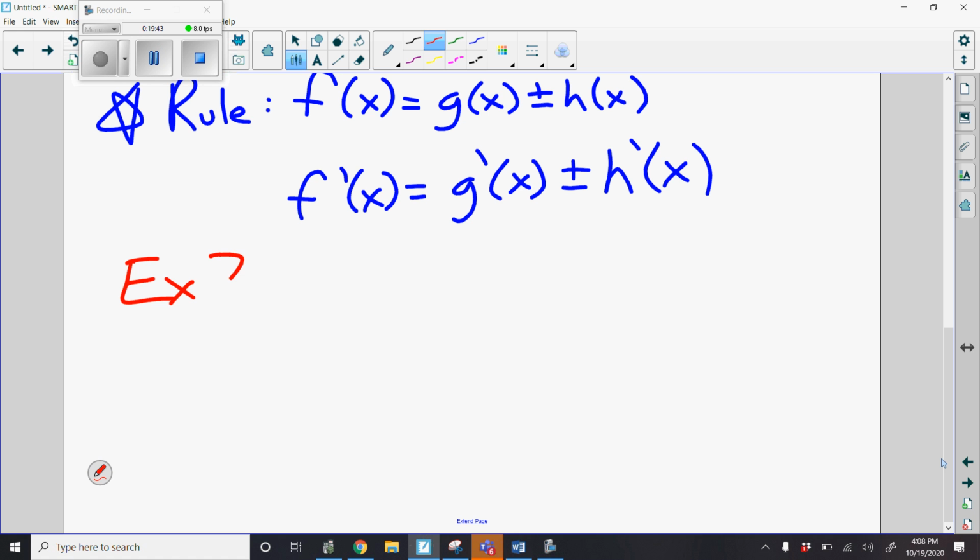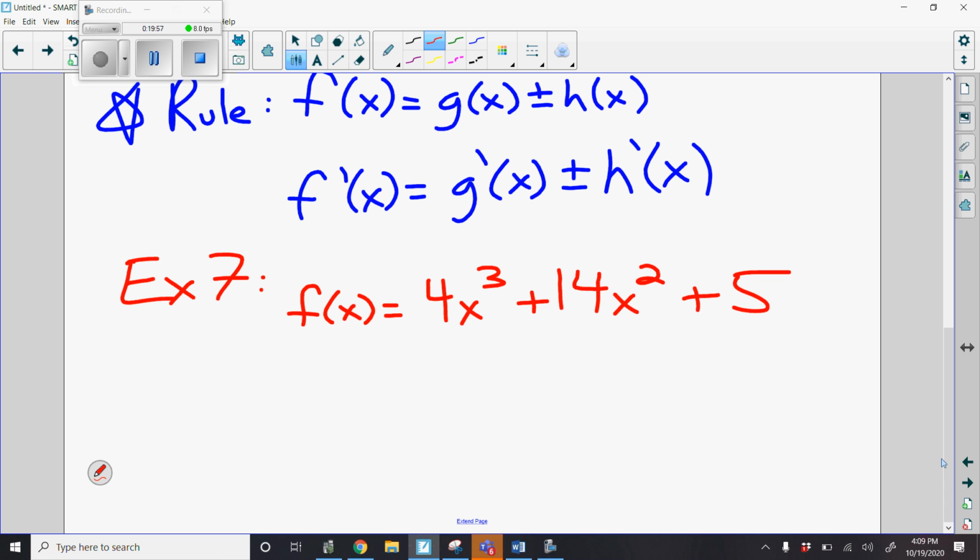I think this is example 7. Let me change one of those to minus. Sorry.